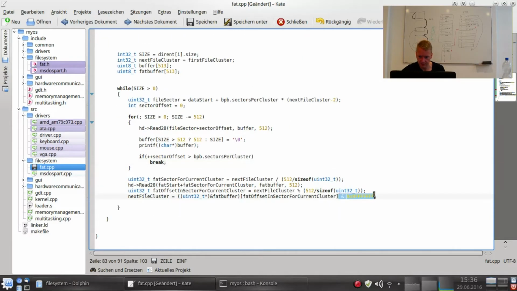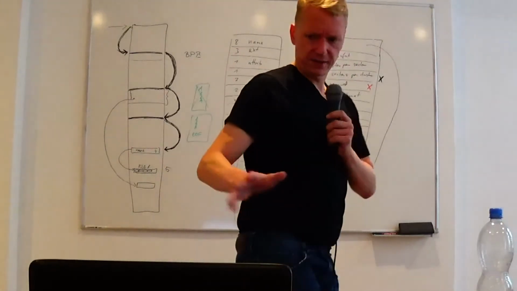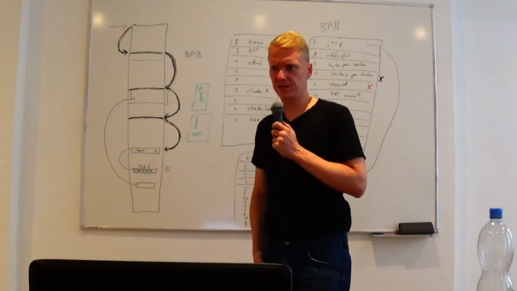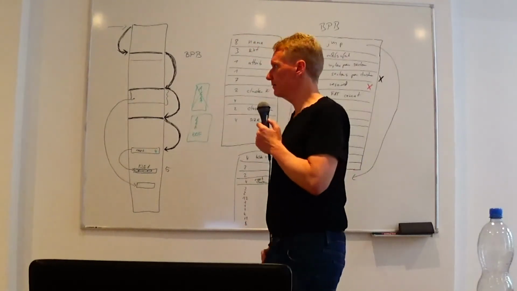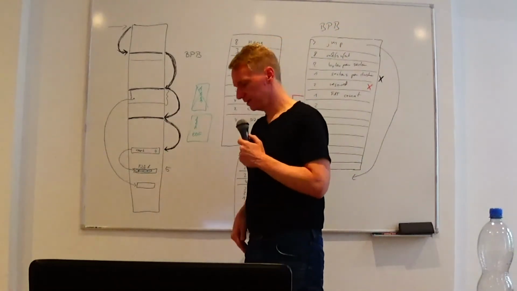Another thing is, here when I read the next cluster number, I take the bitwise AND with the 32-bit integer that has all Fs, but the first one is 0, because I don't think this caused any problems, but the thing is that FAT32 actually only uses 28 bits for addressing the clusters.